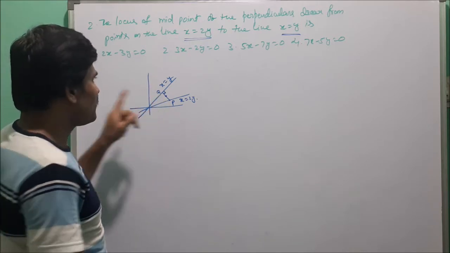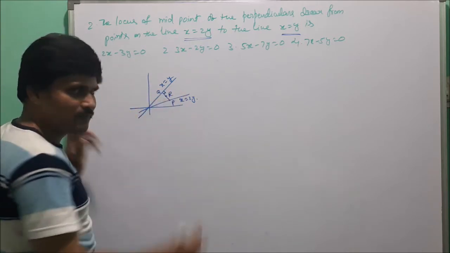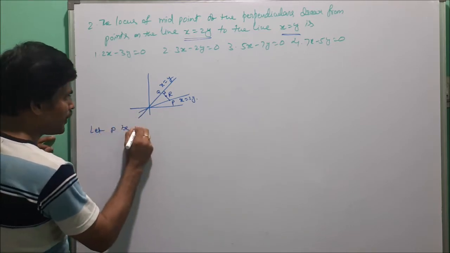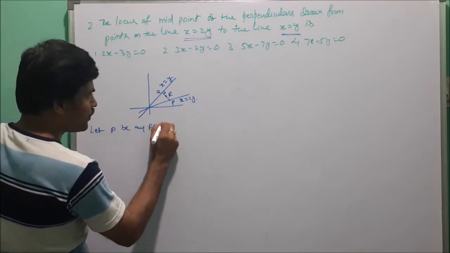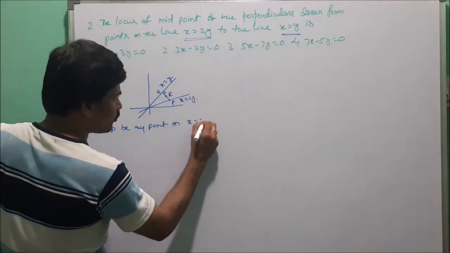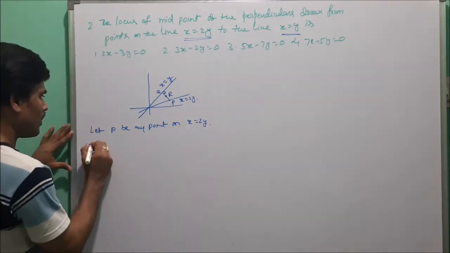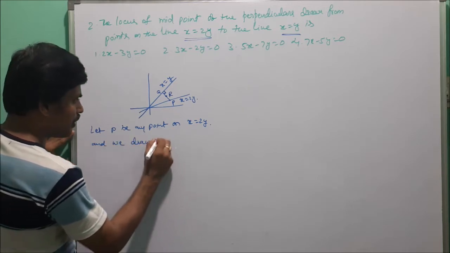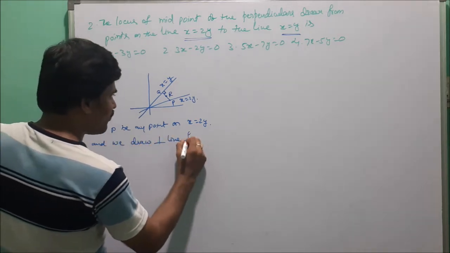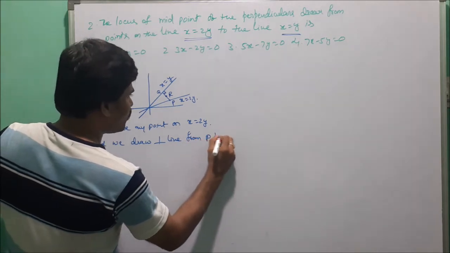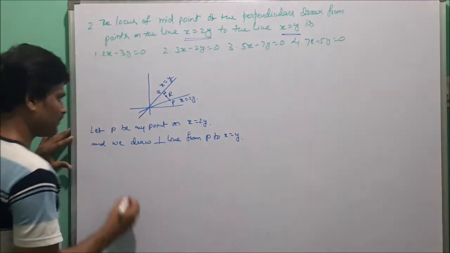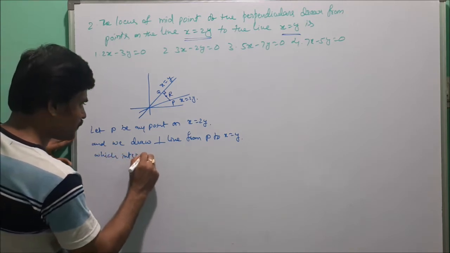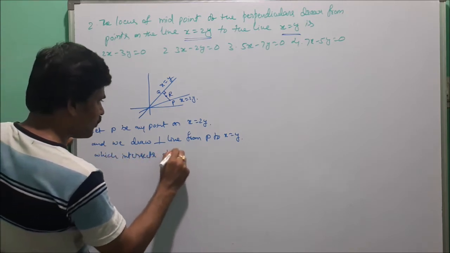So let P be any point on x equals 2y, and we draw a perpendicular line from P to x equals y, which intersects at Q.